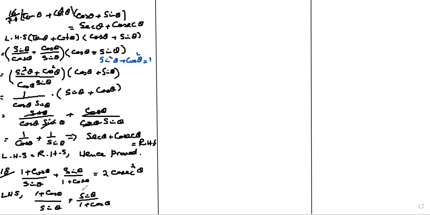Now again we cross multiply it, we get with the equals to sign (1 plus cosine theta) square plus sine square theta, divided by sine theta times 1 plus cosine theta.